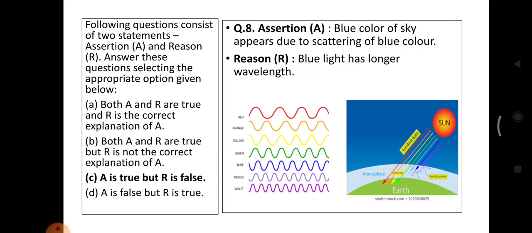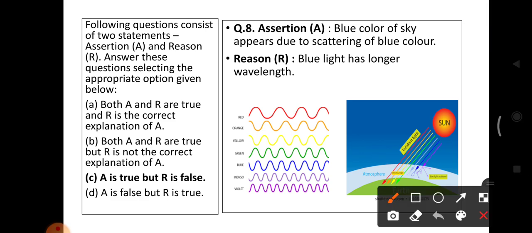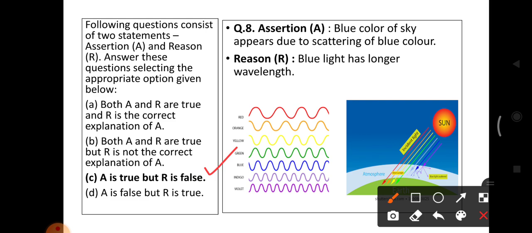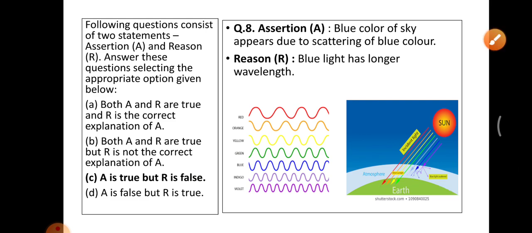This is wrong. So A is true, but R is false. See here the blue color is scattered, so the sky appears blue. But see the wavelength, the wavelength of the blue is shorter. So A is true, but R is false.